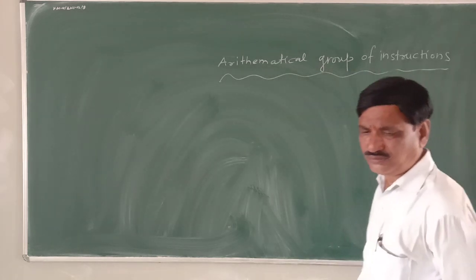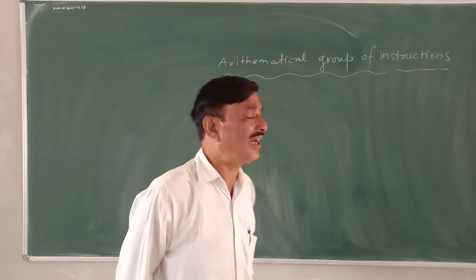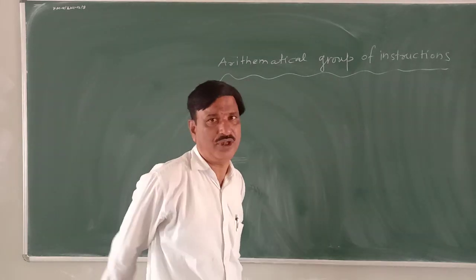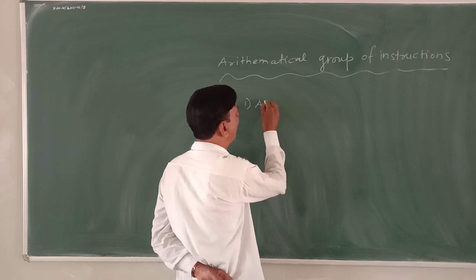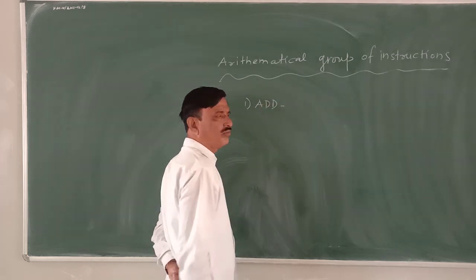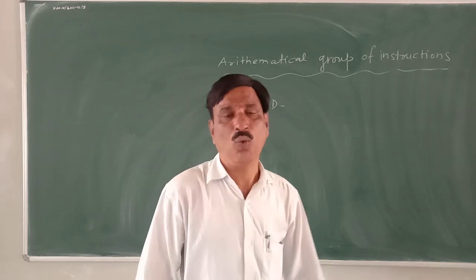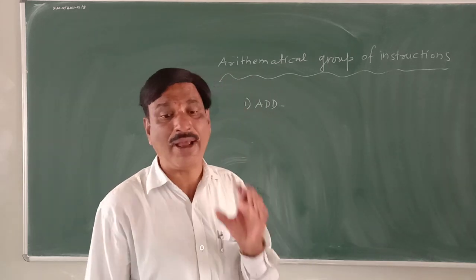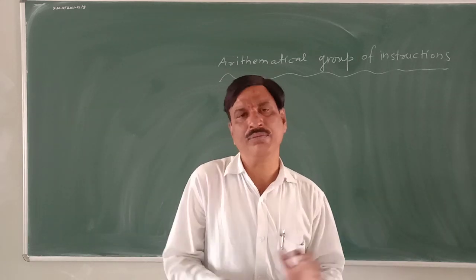Now we are going to study the arithmetical group of instructions, in which the first instruction that we are going to study is ADD. This is a mnemonic. Once again, what is a mnemonic? It is the short word for an activity.